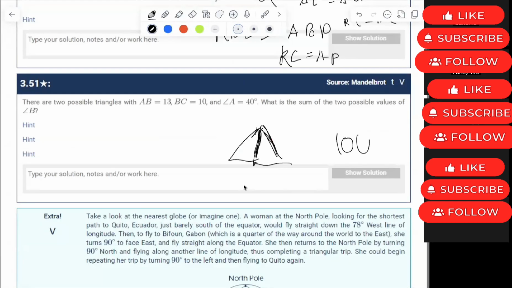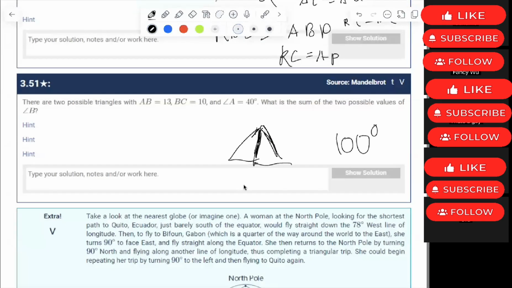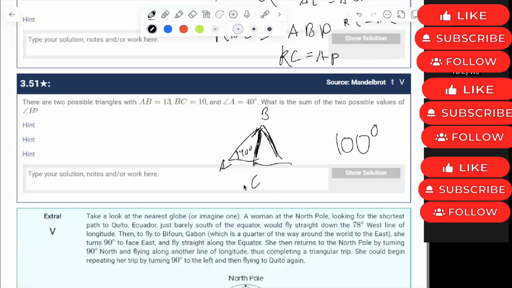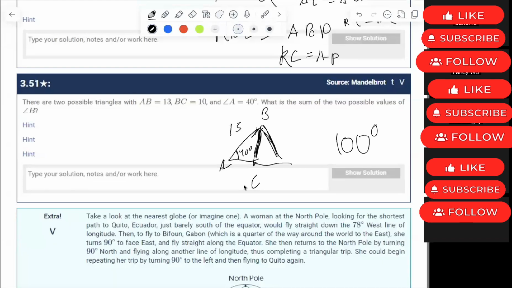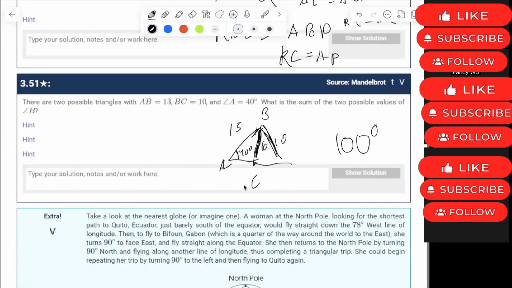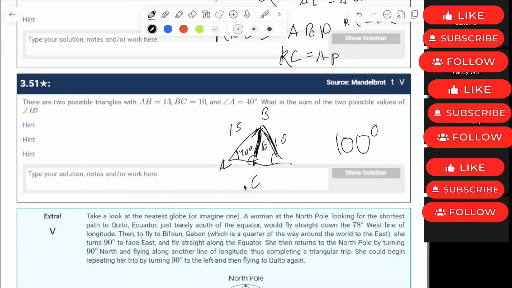It's going to be 100 degrees because there are two possible ways. We have that this is 40 degrees, and AB is 13, and each of these are 10. Then afterwards, you just put these together. You notice that there are going to be two possible angles for this. One angle like this, one angle like this.